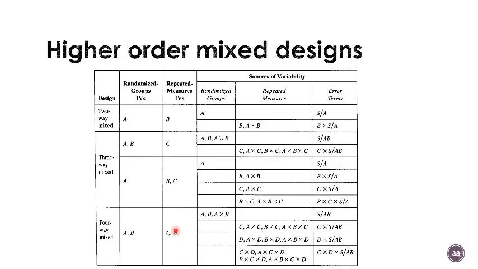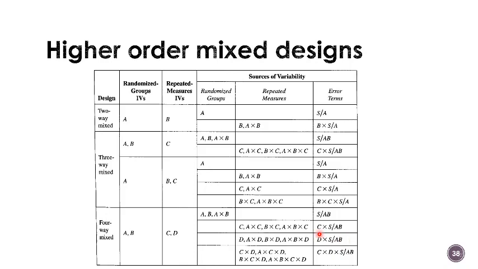So again, D by itself or with A or B or A and B is D, A by D, B by D, and A by B by D all get D by S with an AB.